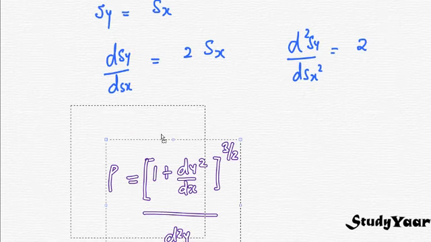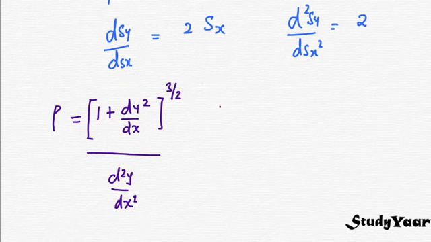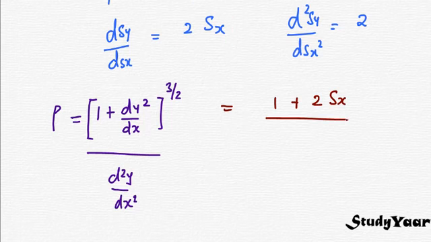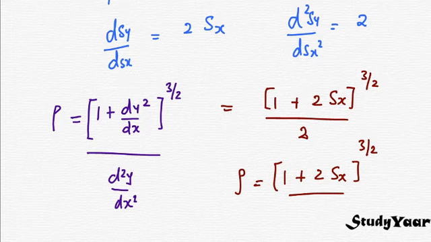My rho is equal to 1 plus dy by dx the whole square, which is 2sx, so 1 plus 2sx, this whole raised to power 3 by 2, upon d square y by dx square, which is 2. Okay, so I have my rho equal to 1 plus 2sx to the power 3 by 2, by 2.